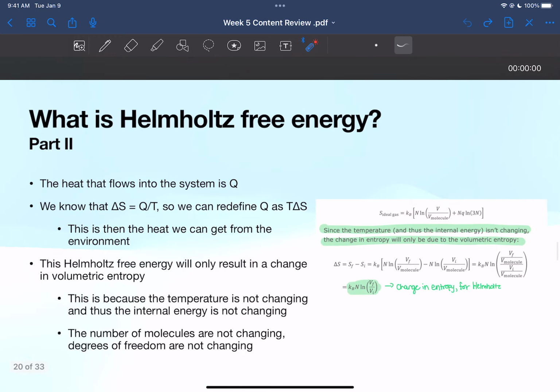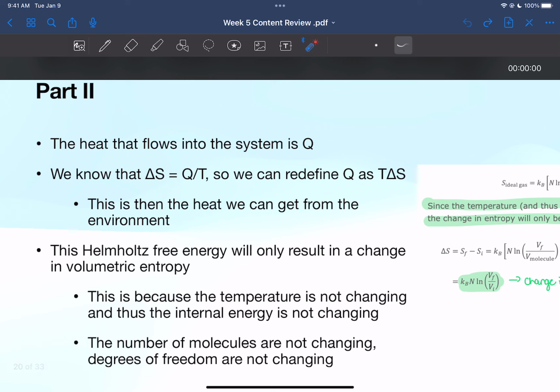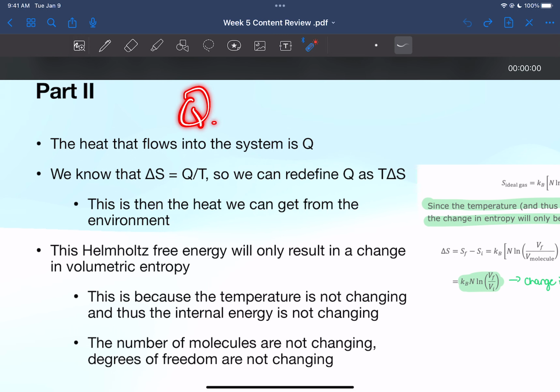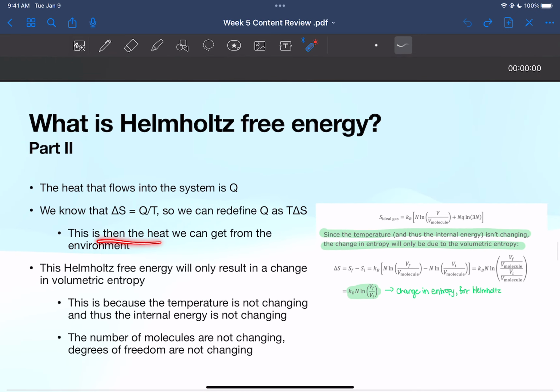The heat that flows into the system is defined as Q. We also know from a previous chapter that the entropy, delta S, can be defined as Q over the temperature. So if we want to isolate Q, we can redefine it as Q equals T delta S. That is the heat we can get from the environment that flows into the system.